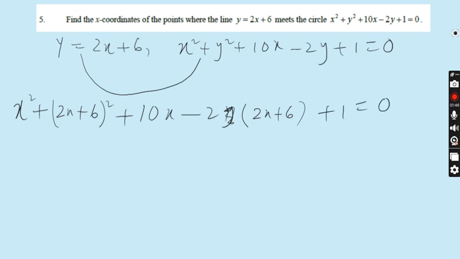So x squared plus (2x plus 6) squared. Expand it by the (a plus b) whole square formula.